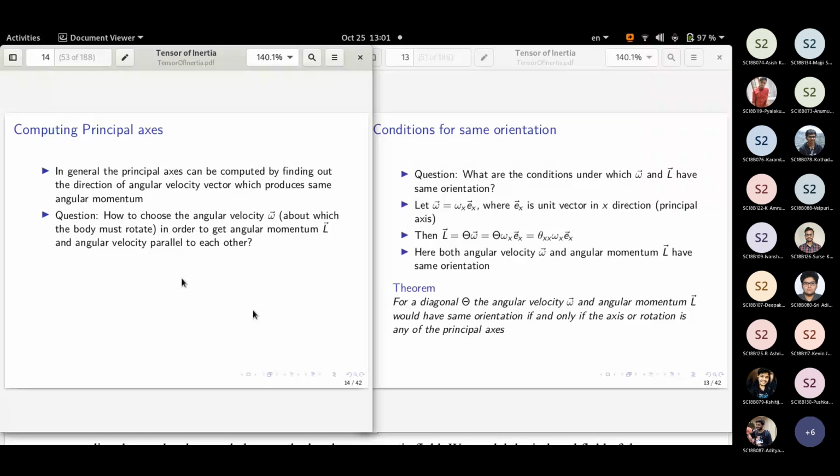What does it mean? L should be equal to some lambda times omega, or Theta omega should be lambda omega. So now from this, can you say something? This is the clue. Yes, sir. Yeah, Theta omega is your angular momentum vector. What did you say? Eigen?